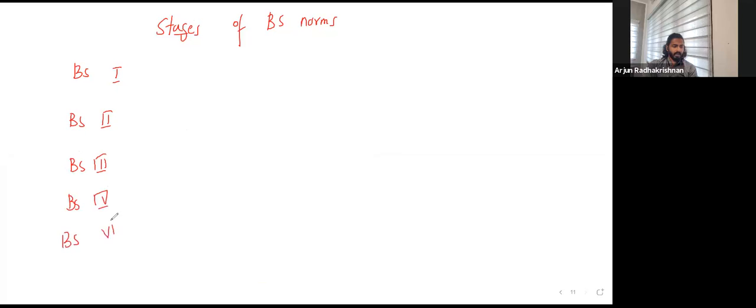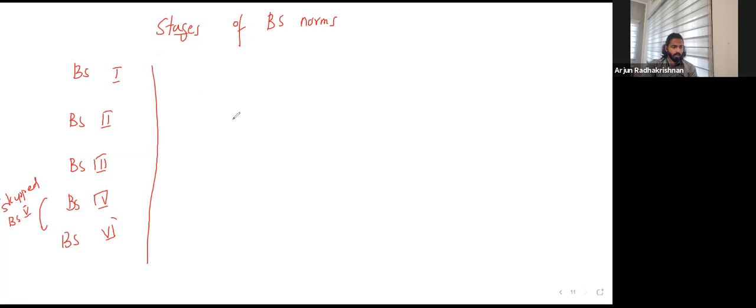Now, stages of BS norms. We have BS 1 to 6, but there is no BS 5. We have skipped BS 5. From BS 4, we directly went to BS 6.